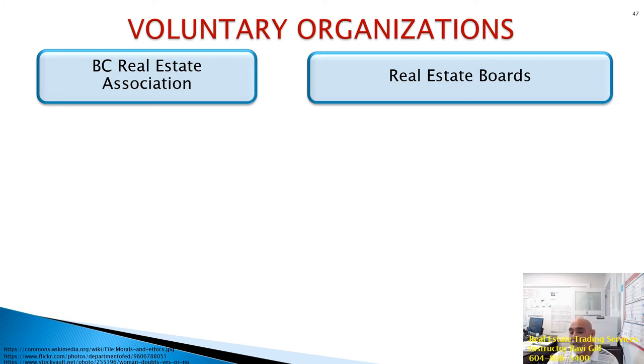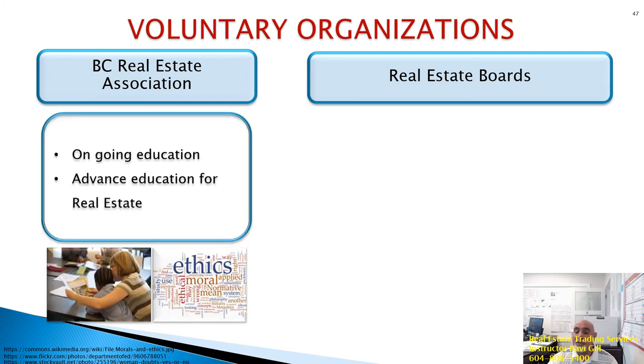Okay, usually they will join the board that the brokerage is connected with. And the real estate association provides ongoing education to the realtors to advance their education. Okay, this is after you get your license done, for more knowledge.